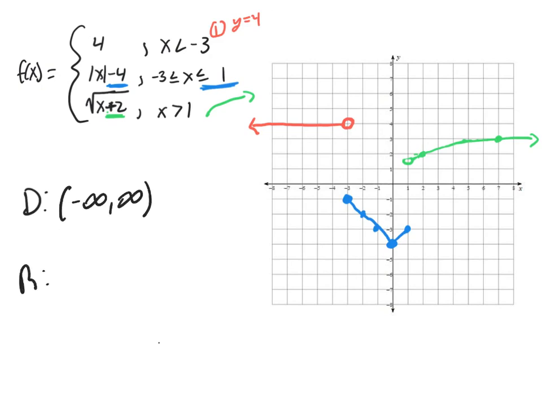Okay, range. So this is a little bit different. We want to start with how low we went. So our range, our bottommost point there is at -4, right? And then we want to take a look at what happens as we go along. So we go from -4, and then we go up here to -1.